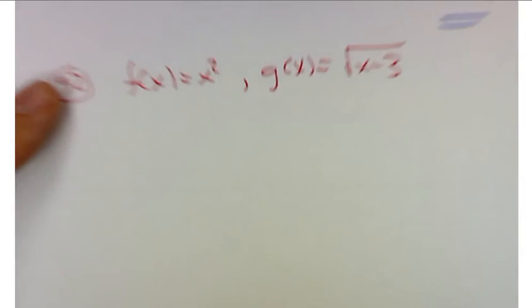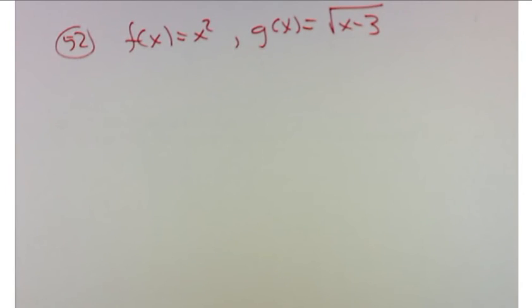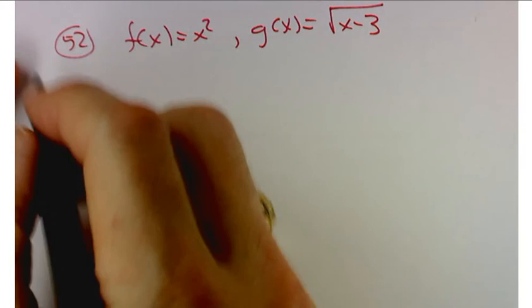And they ask you for a lot of things here. So probably only do one of these type of problems. But let's start with f composed with g. F composed with g might be better written as f of g of x.